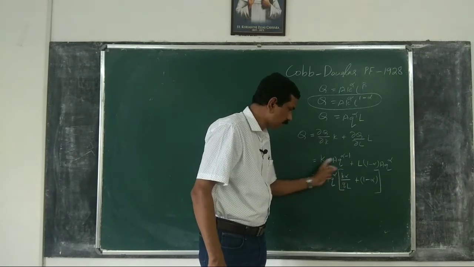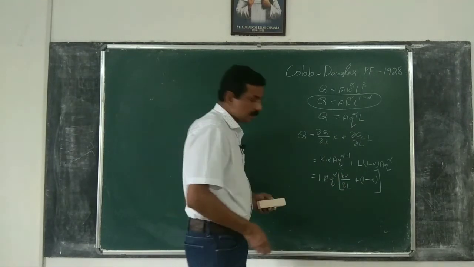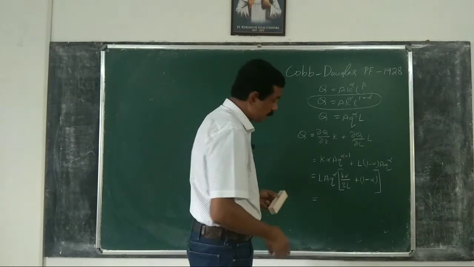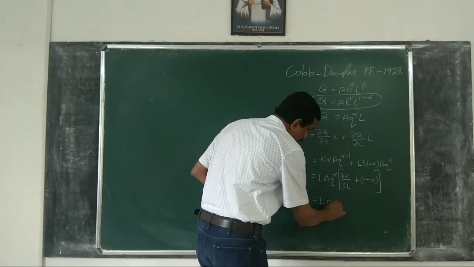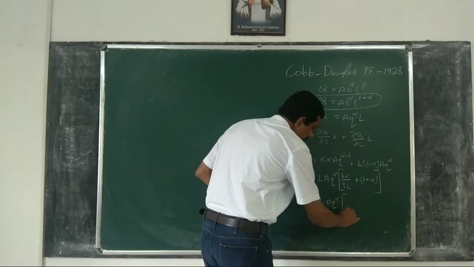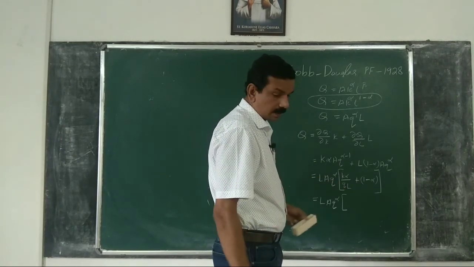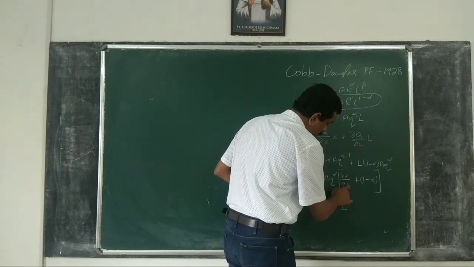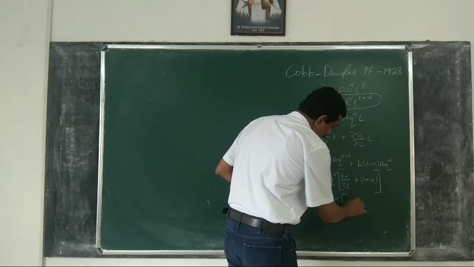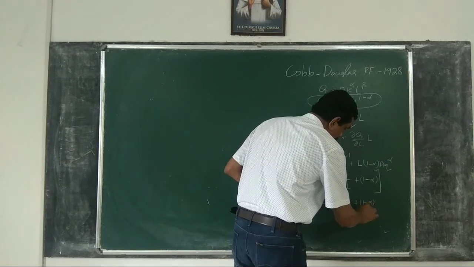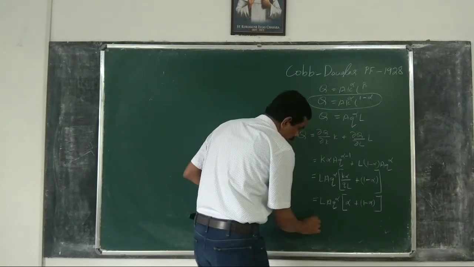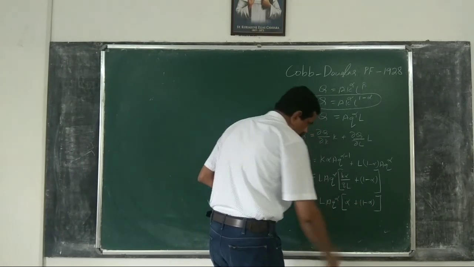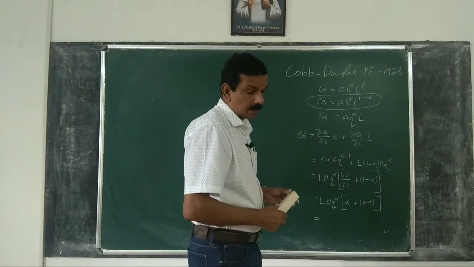So this can be written as L A Q raised to alpha into alpha, since Q is equal to K by L, then L and L, K and K cancel, plus 1 minus alpha, which is alpha plus 1 minus alpha.